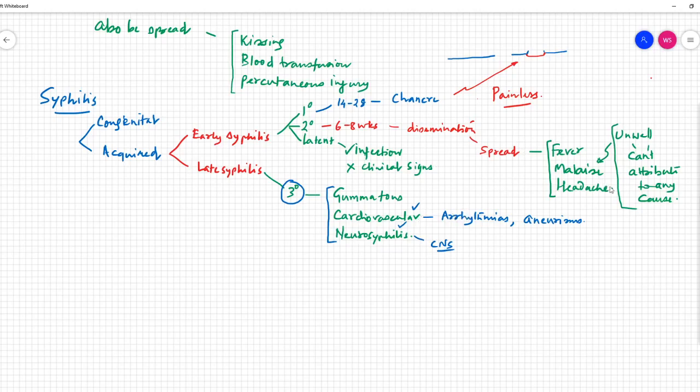Then in this, again, there is an important thing I forgot to mention here. In addition, what we find here is there are rashes. Rashes are seen in the trunk, in the palm, in the soles, okay, and plaques, some plaques.